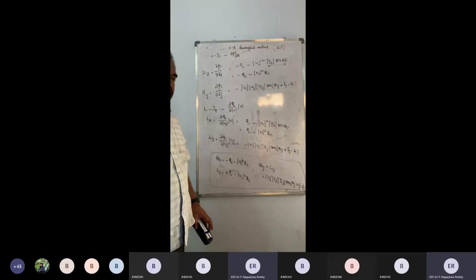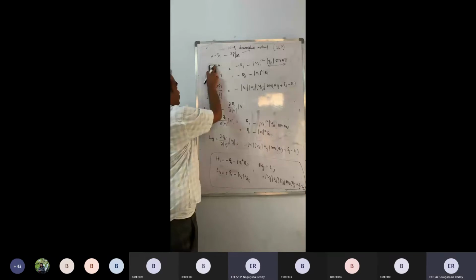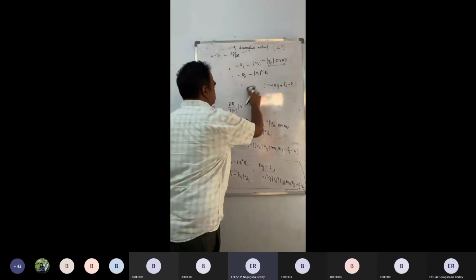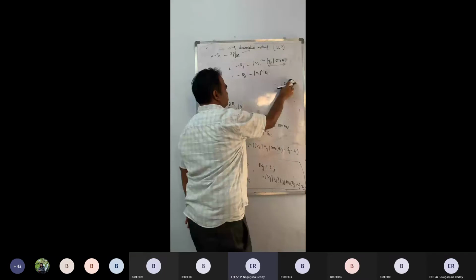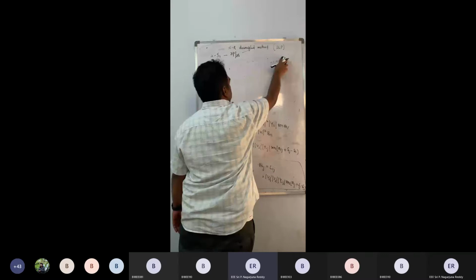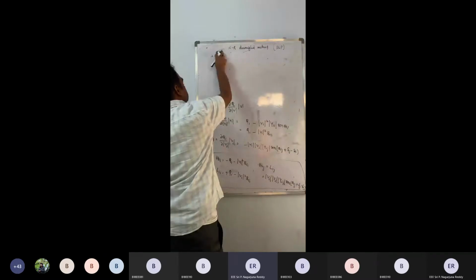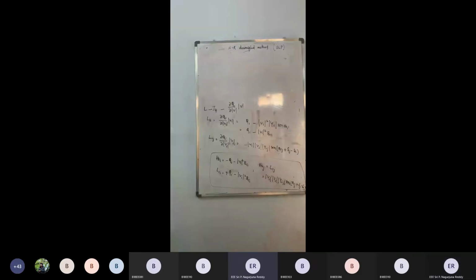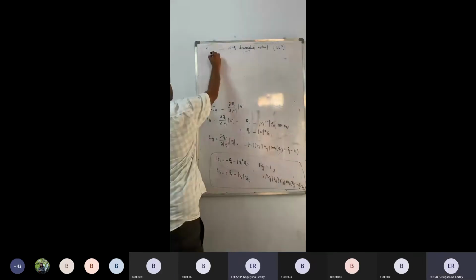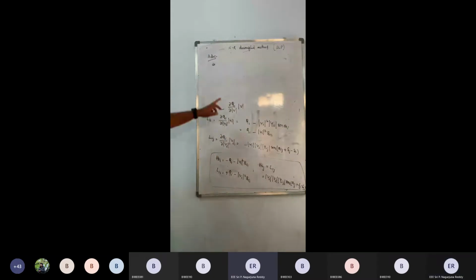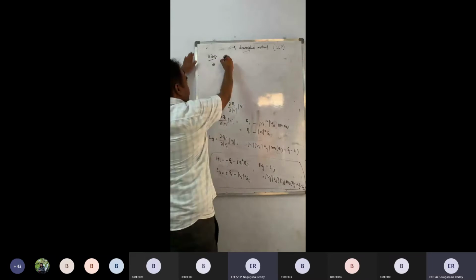Now we will have a look at the advantages. What are the advantages offered by this method? First thing is time and memory.